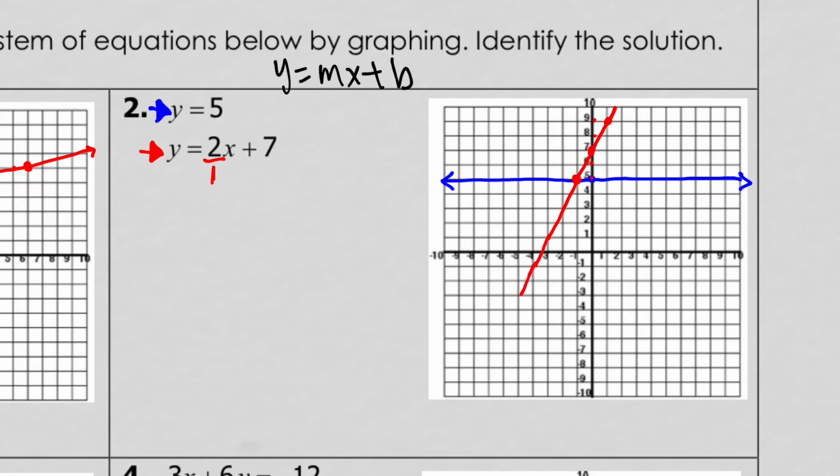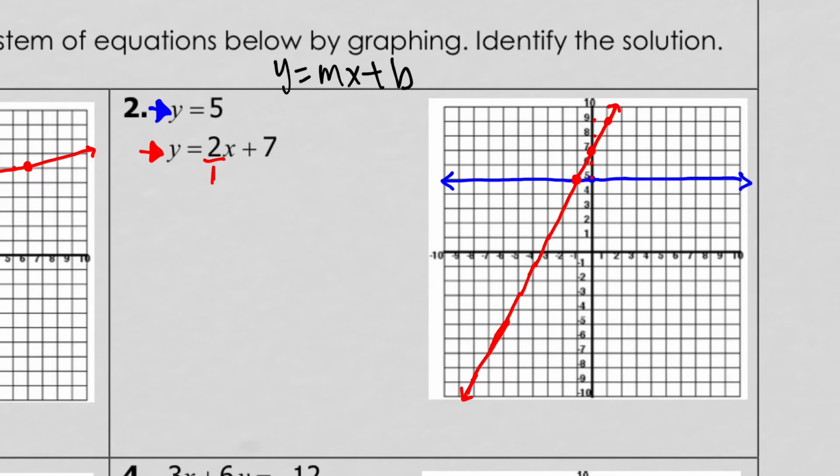Okay, and I do want your graphs to fill the entire graph that is given to you. And make sure you're going through the points that you have. So where do my 2 lines intersect?